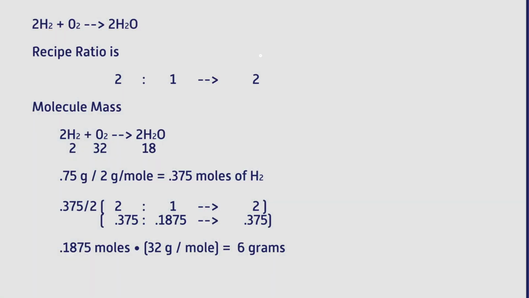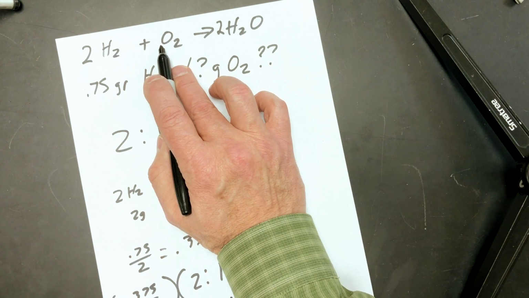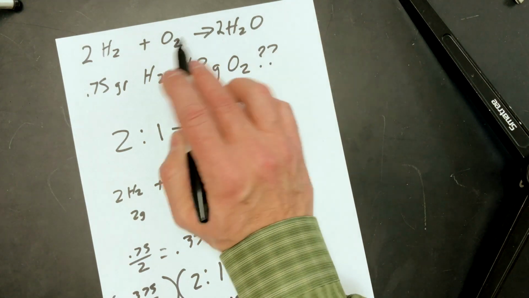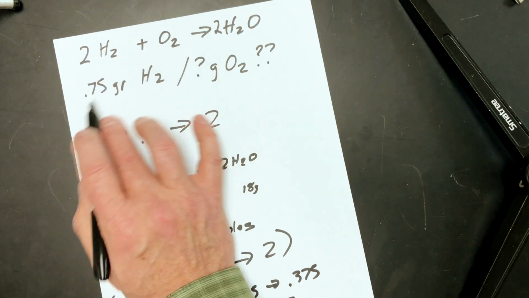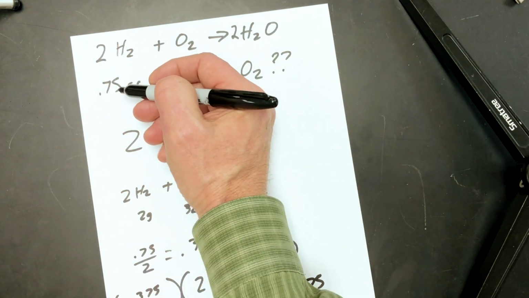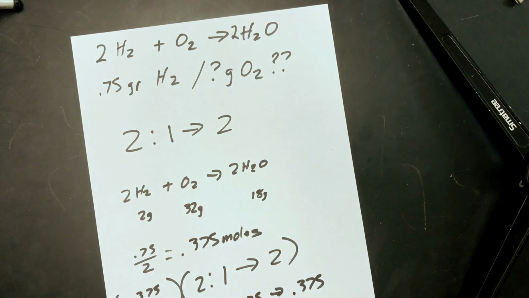I need 6 grams of oxygen to go with 0.75 grams of hydrogen, because 2 grams goes with 32 grams. So if I divide that down to the 0.75, I have less than I need, so I'm going to use less than.